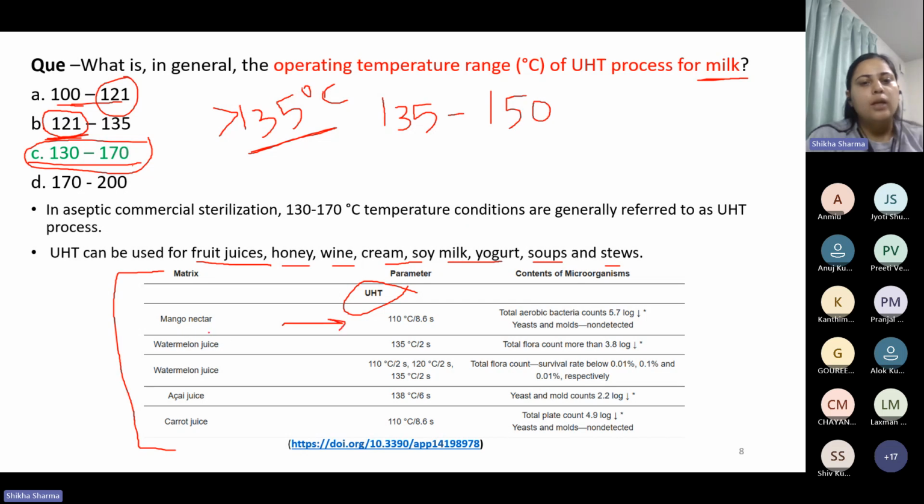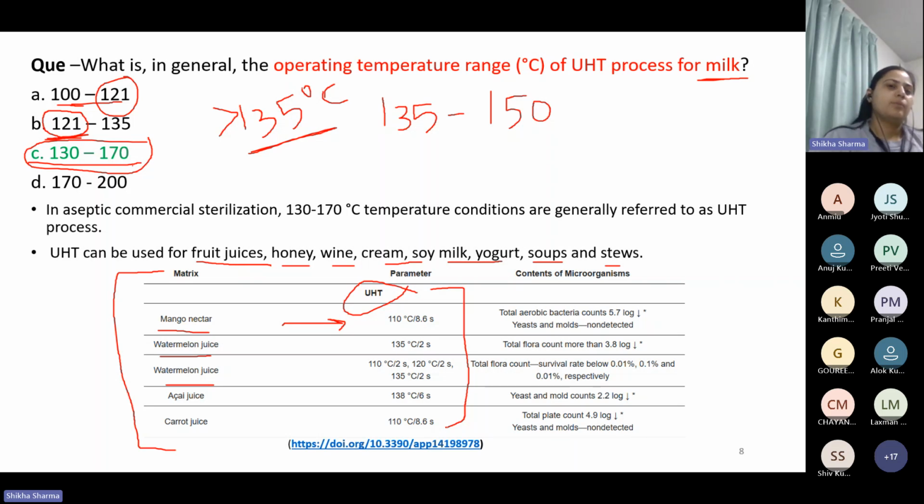They treated mango nectar and different juices like watermelon and carrot juice. So all these food products can be treated with UHT processing for sterilization purposes.